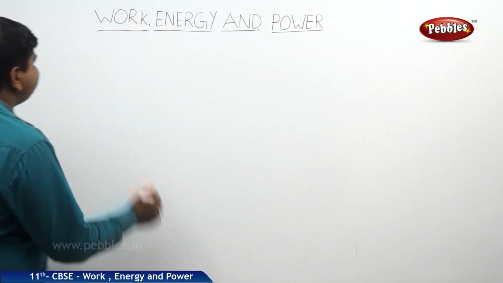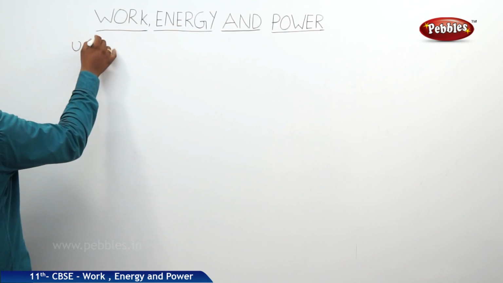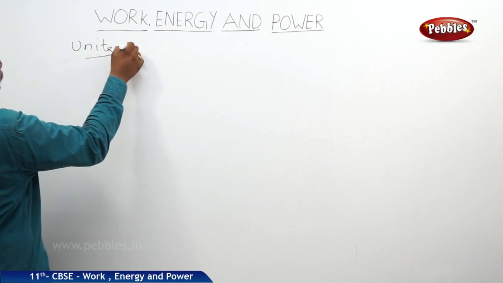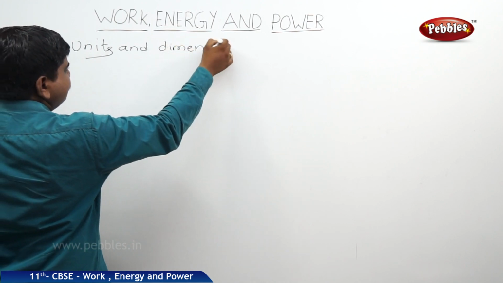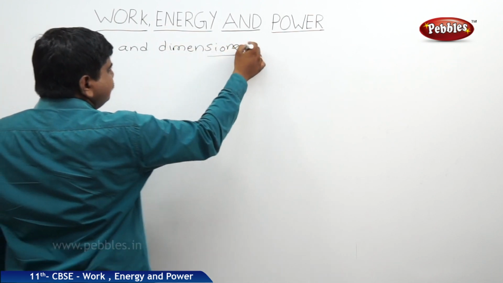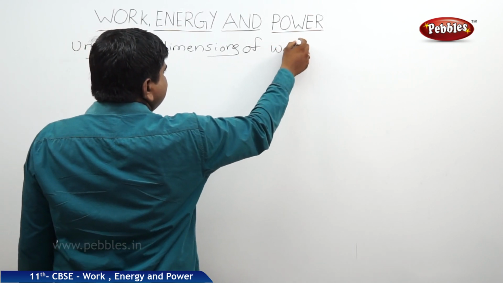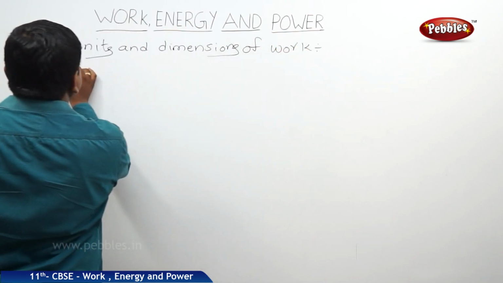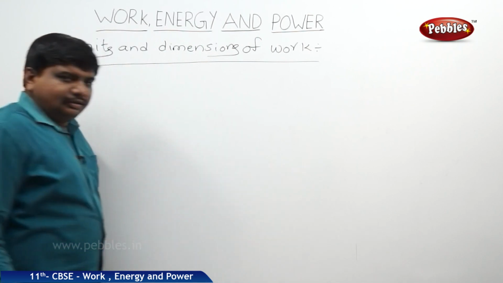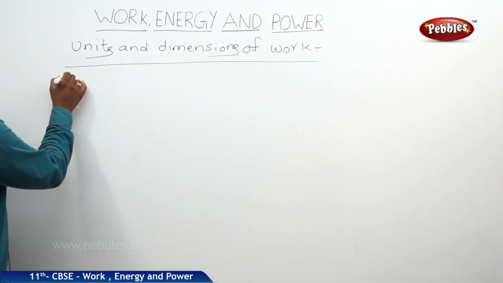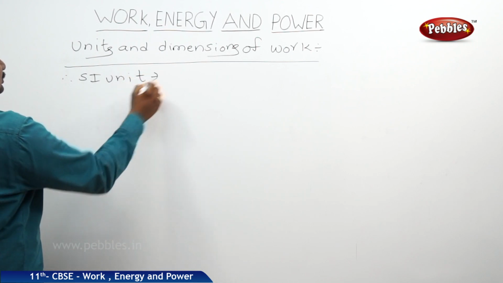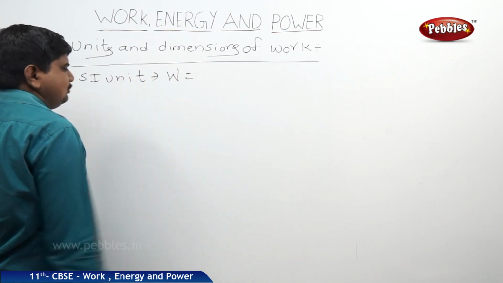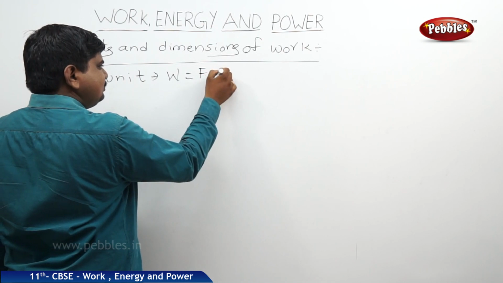The next concept is units and dimensions of work. So what is the SI unit and CGS unit? SI unit we will see first. Work done is equal to force into distance.